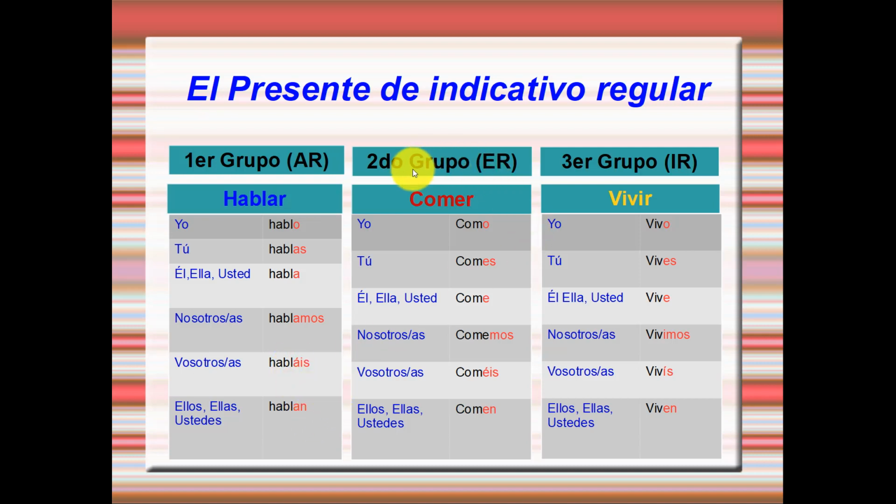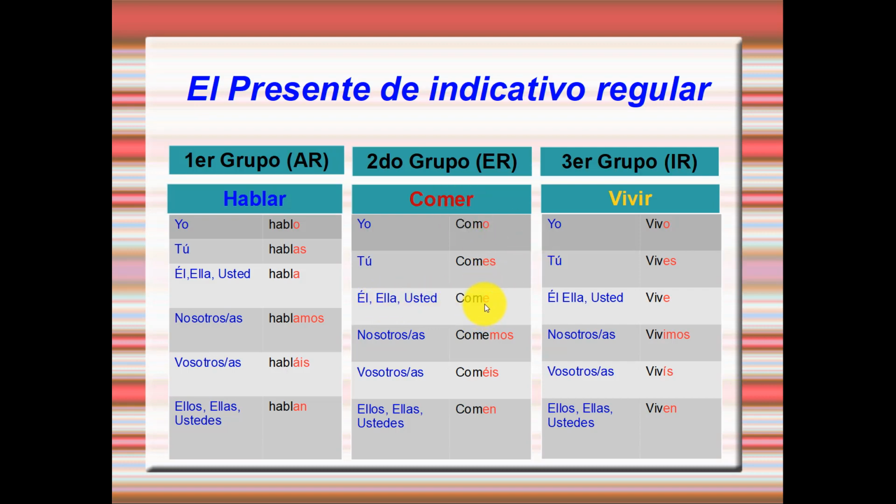The same thing with the second group, segundo grupo, ER. We have comer, to eat. Yo como. So the ending is O for the second group, the same as in the first. Tú comes. Here it's different, it's ES for this group.